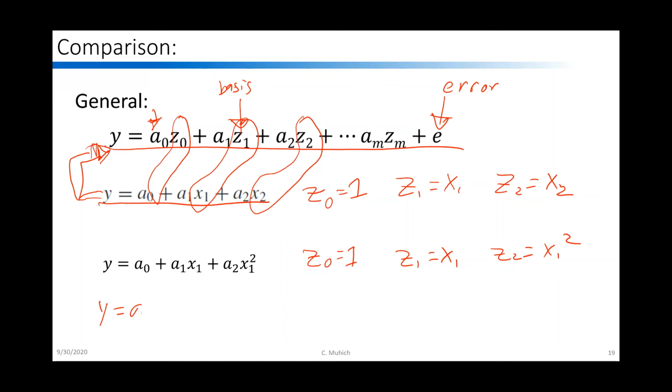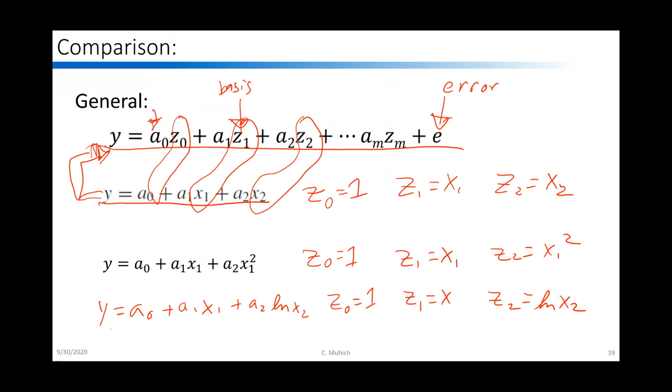Let's do another one just for fun. We have y equals a0 plus a1 x1 plus a2 natural log of x. In this case, z0 would be, once again, 1. My z1 would be those x1s. And z2 would be, excuse me, the natural log of x2. So I can convert any equation into this general form as long as all the coefficients are outside.